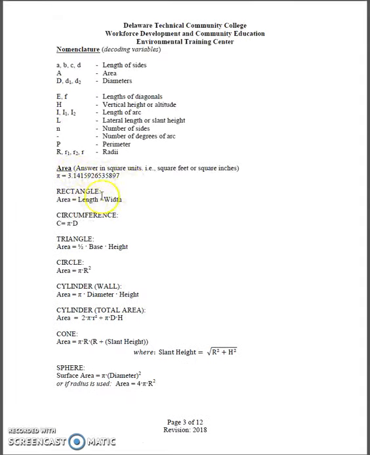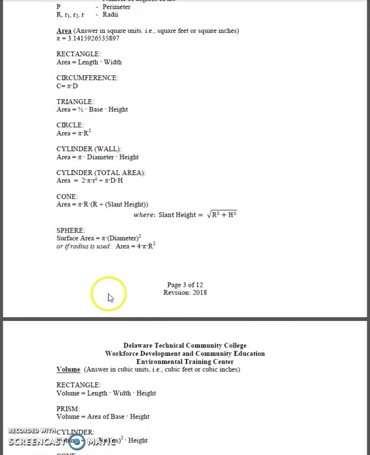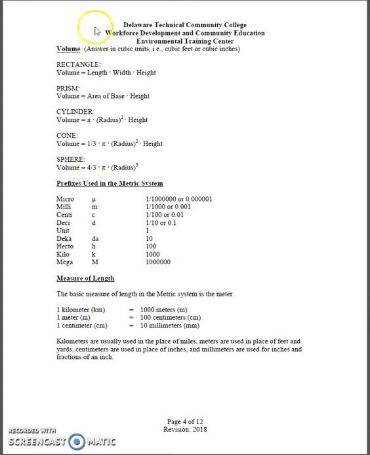As you go through, there are a number of different area and volume calculations. And again, you've had the opportunity to use a lot of these. See the volume of a cylinder, volume of a rectangle. All of these are available, and if you've taken any kind of geometry class in the past, you've seen all these before.